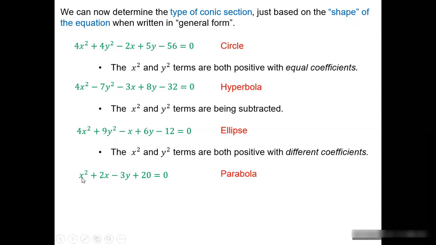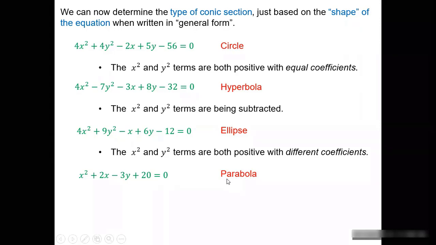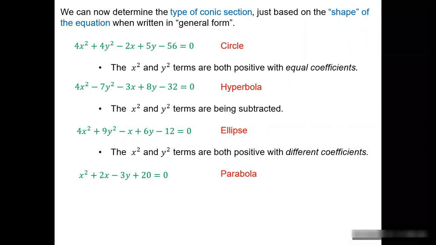Notice that I have an x squared term and I have a y term. But sometimes the y will be the variable being squared, which is why sometimes the parabolas that we learn in terms of conic sections will be opening up and down like our regular quadratic functions, but sometimes they'll be opening left and right. So the reason we know this is a parabola is simply because only one of the variables is being squared.